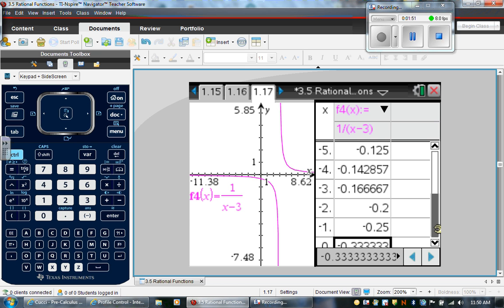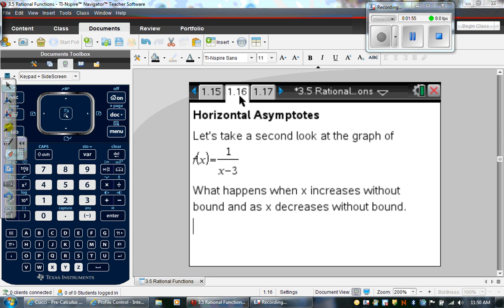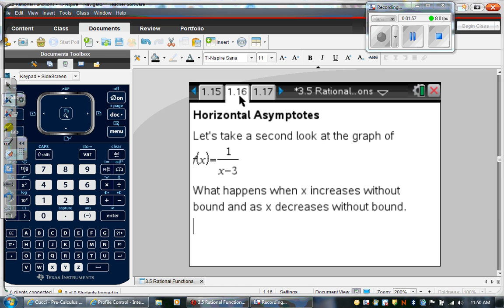So another way to say that is it seems to be that as 1 over x minus 3 approaches 0, x seems to be approaching infinity, right? That value of x just keeps getting bigger and bigger, and it seems to be approaching 0. And same thing on the other end.